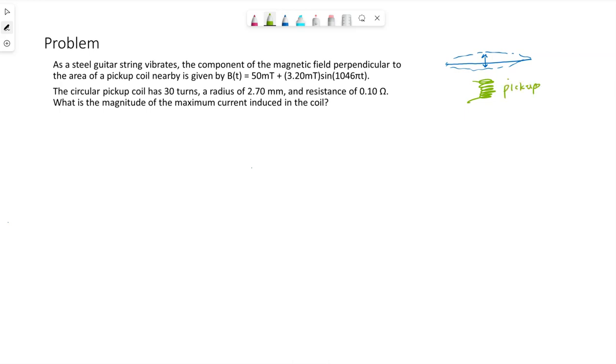I don't know the total makeup of an electric guitar. But just from the wording of the problem, there's some sort of pickup coil that as the guitar string vibrates, there's a magnetic field that passes perpendicular. So this magnetic field that passes into this pickup coil obeys this equation given in the problem.